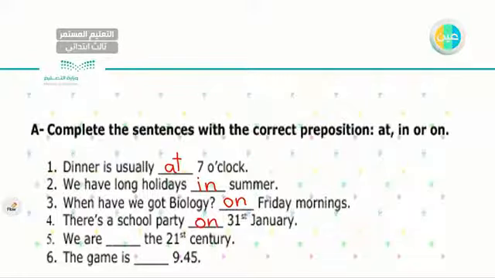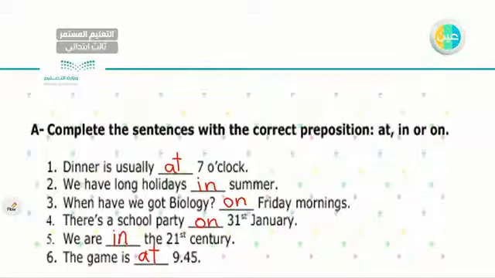We are in the 21st century. I kind of answered this one. In the 21st century. Very good. And the last one I have, the game is blank 9:45, at 9:45, because I have a specific time here. So let's read the sentences one more time.